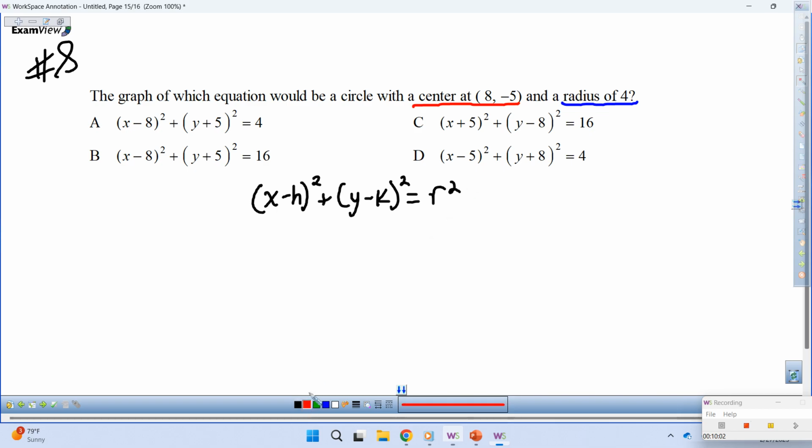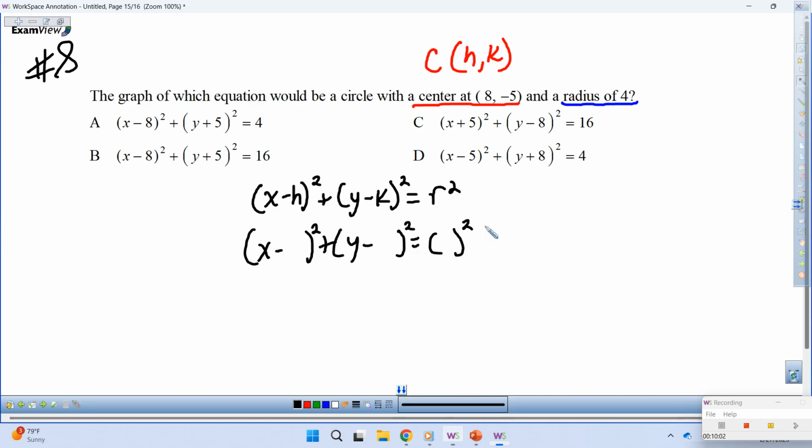And just a reminder, the center is always (h, k). So x minus blank, y minus blank, and parentheses squared. Leave it blank for the radius.